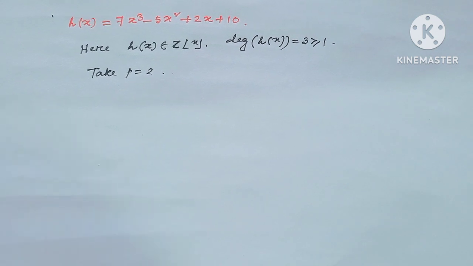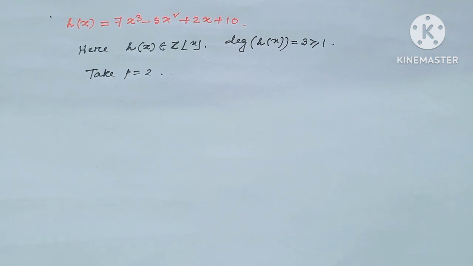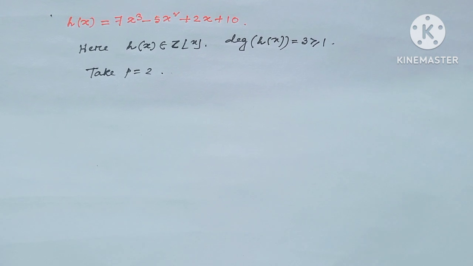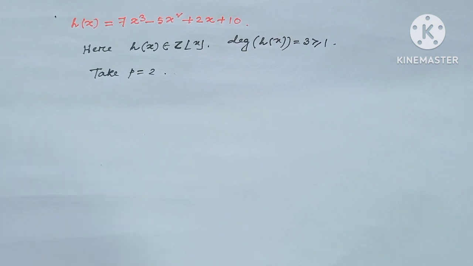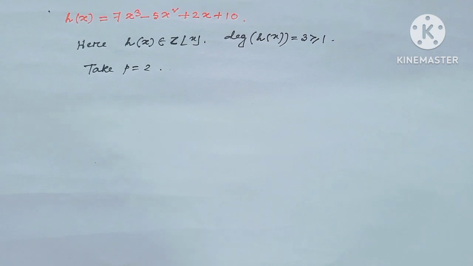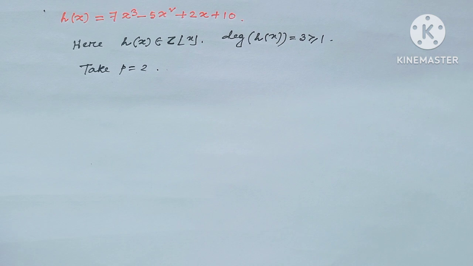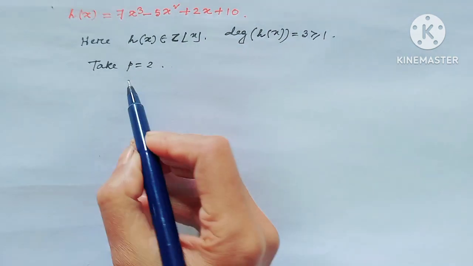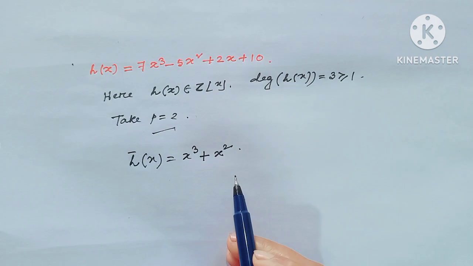Here h(x) is equal to 7x cube minus 5x square plus 2x plus 10. Notice h(x) belongs to Z[x] and the degree of h(x) equals 3, which is greater than or equal to 1. If we consider p equal to 2, then h bar(x) would be x cube plus x square.